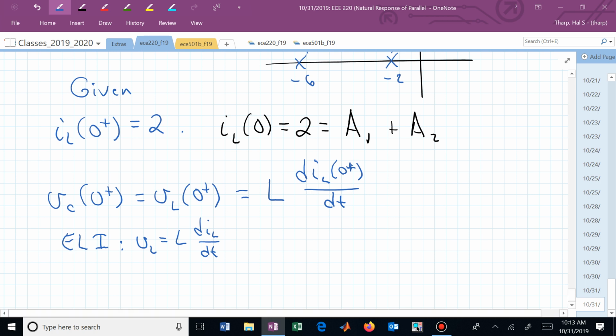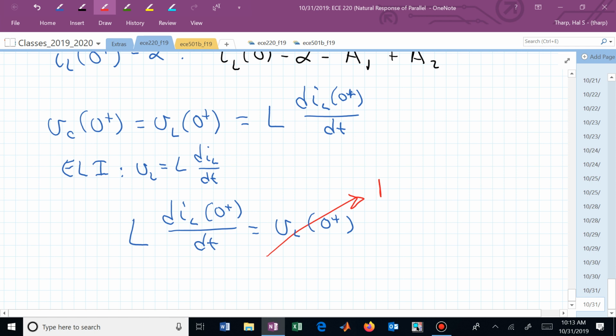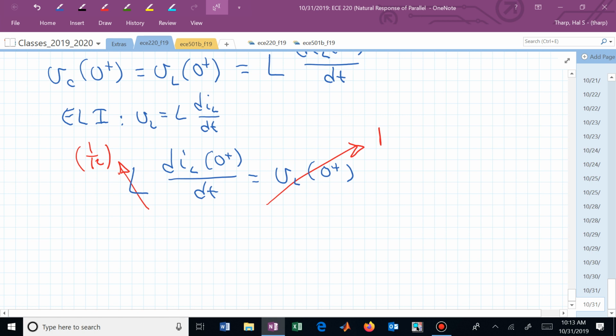And we know L, that was 1 over 12. We were given that. We can now solve for di sub L at 0 plus.